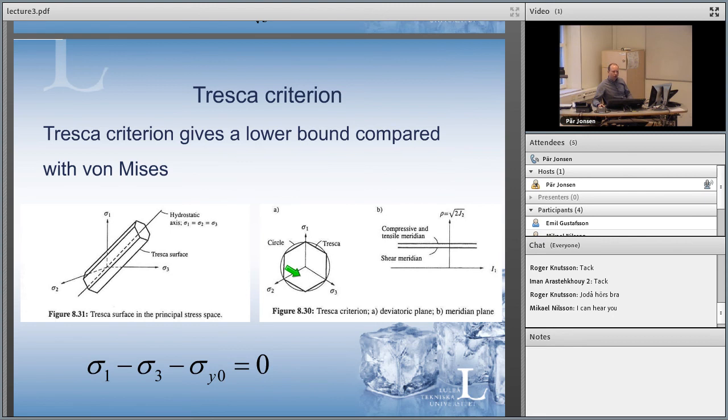And this can be true for some types of steels, I know. Then you will have a load dependency. Then you need to look at that one also for steel. And here you can see the difference. Compressive and tensile, and then you have shearing. So when you look at these in this plane here, you will have a different yielding point for the material. And it's written like this: sigma 1 minus sigma 3 minus the yield condition here.